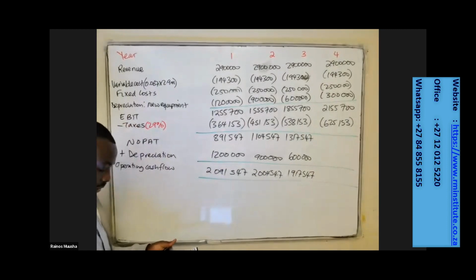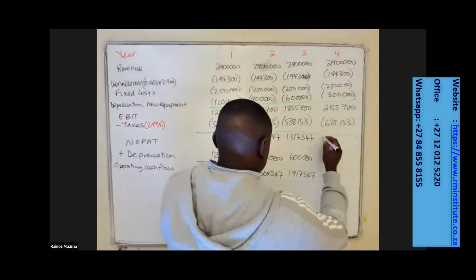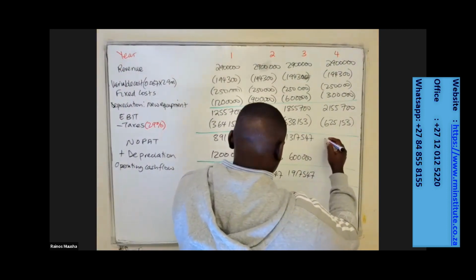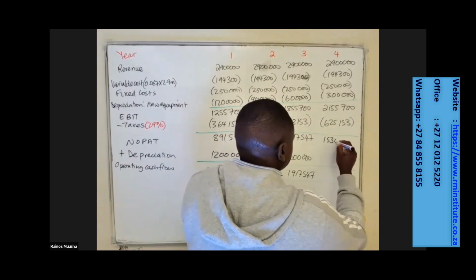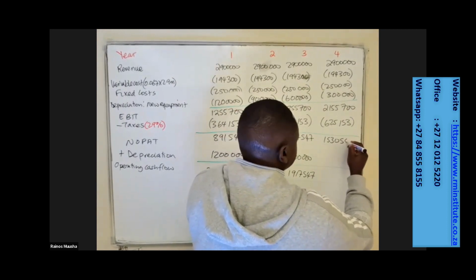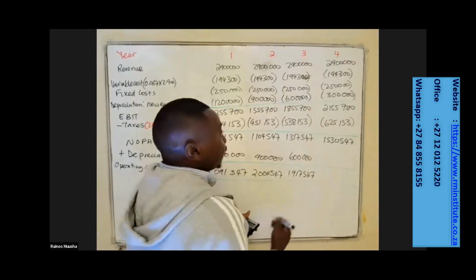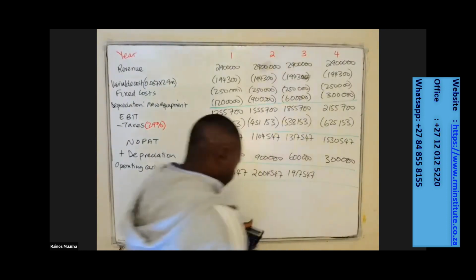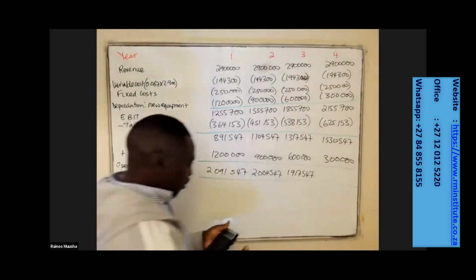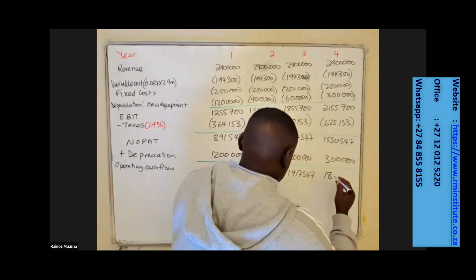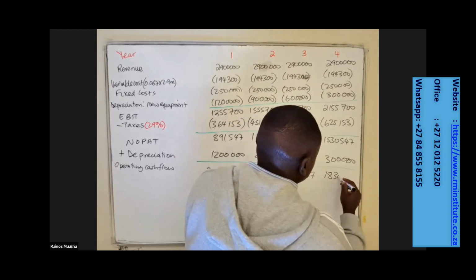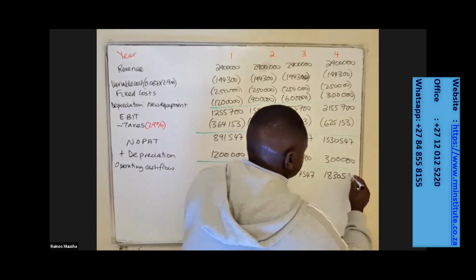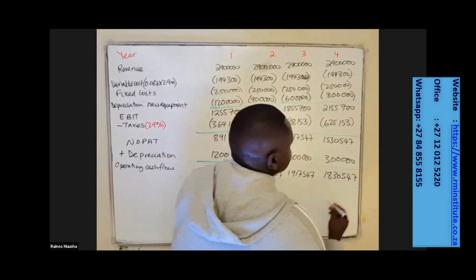Subtract that from the figure and you get a net operating profit after tax of 1,530,547. Then if you add back depreciation of 300,000, you're going to get a figure of 1,830,547.